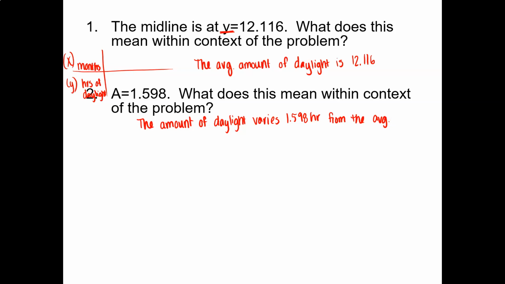So we might be 1.598 hours more than the average 12.116 hours. Or we might be 1.598 hours below the average.